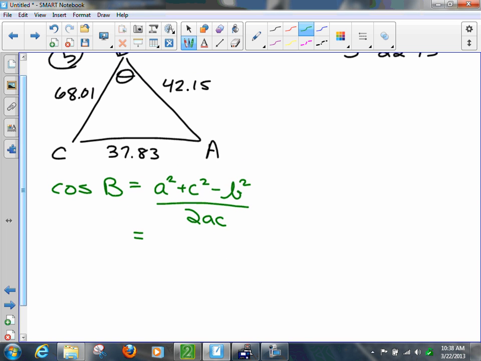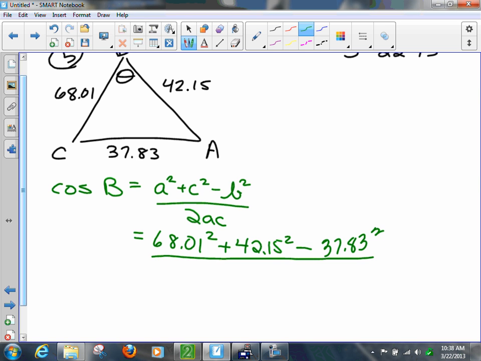Side A is 68.01 squared plus c squared is 42.15 minus b squared, which is 37.83 squared. I bet it was set up correctly on your paper, but you put it in your calculator incorrectly.